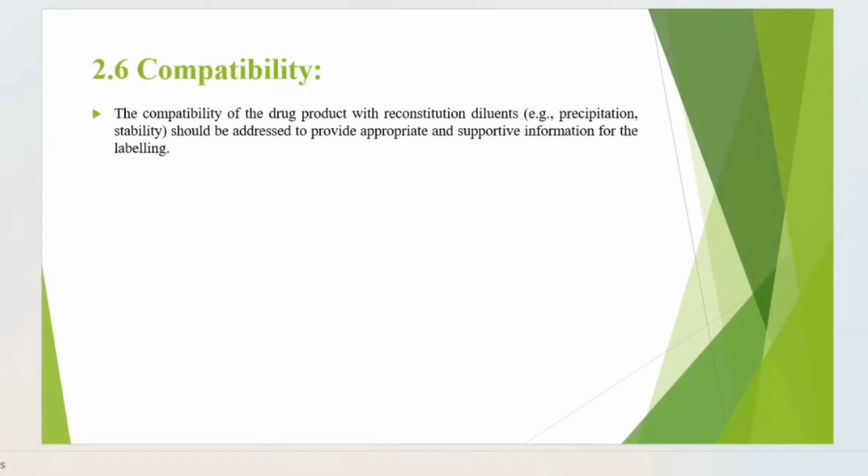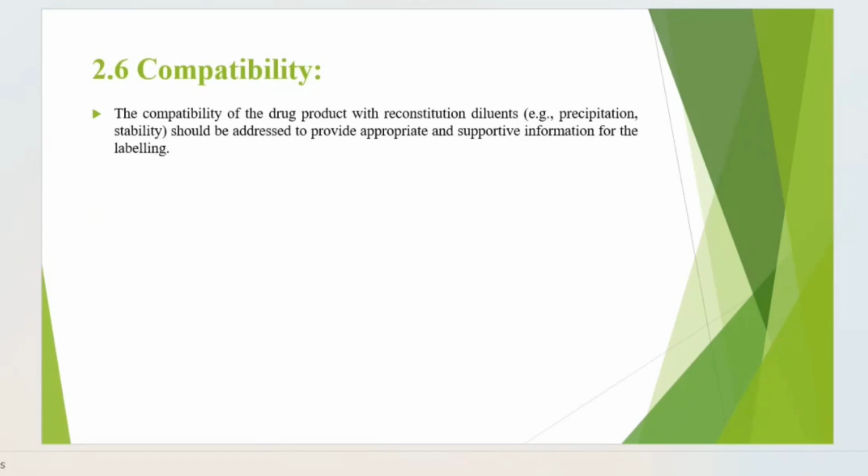So the sterile water for injection is given along with them. Okay, so whenever we need to administer that product, we need to dissolve that product into the sterile water for injection, and then we need to check whether it is compatible or not.